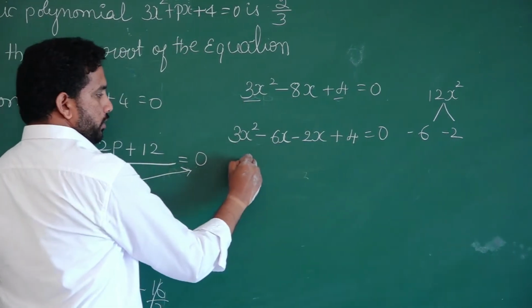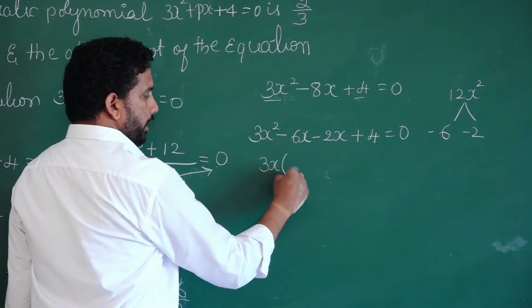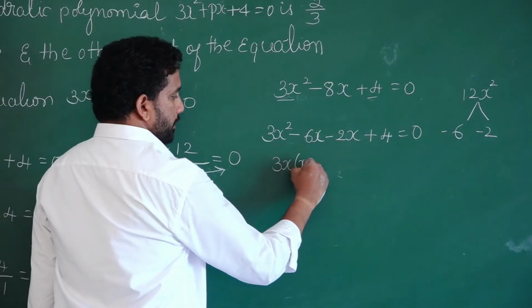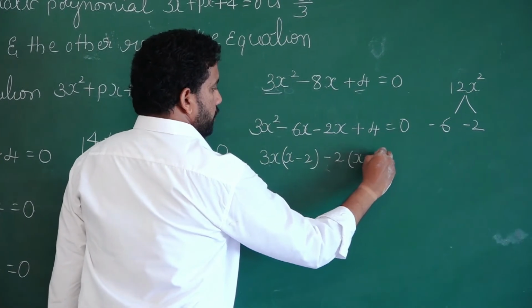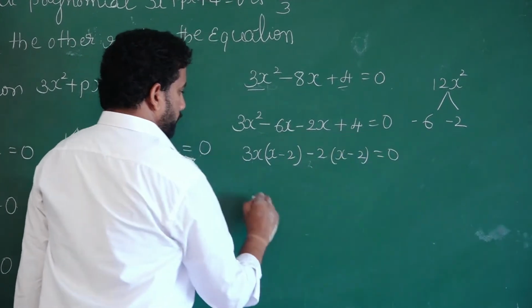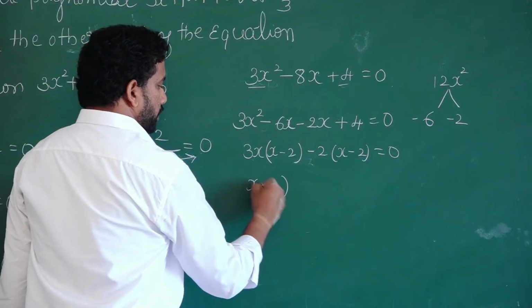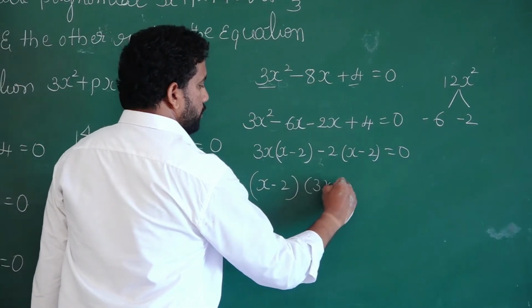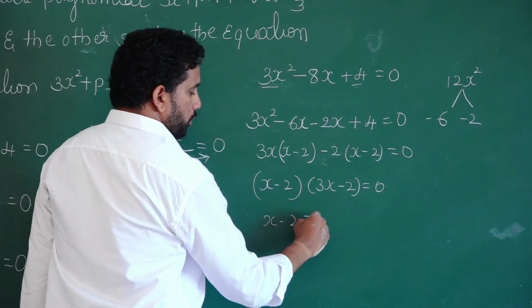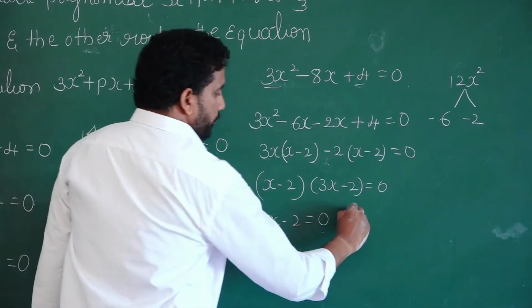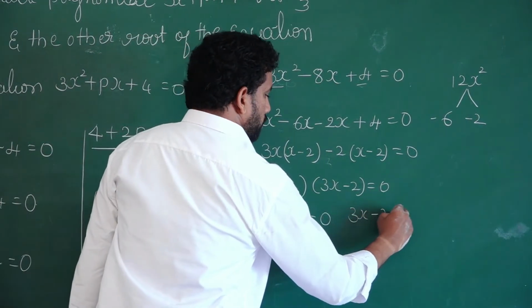In this, we take 3x common, we have x minus 2, and here we take minus 2 common, x minus 2 is equal to 0. So x minus 2 into 3x minus 2 is equal to 0. Here x minus 2 is equal to 0, or 3x minus 2 is equal to 0.